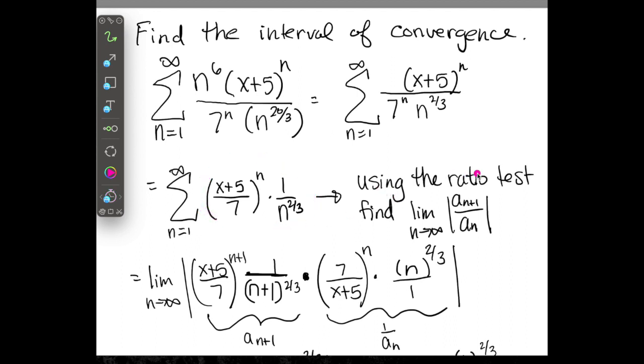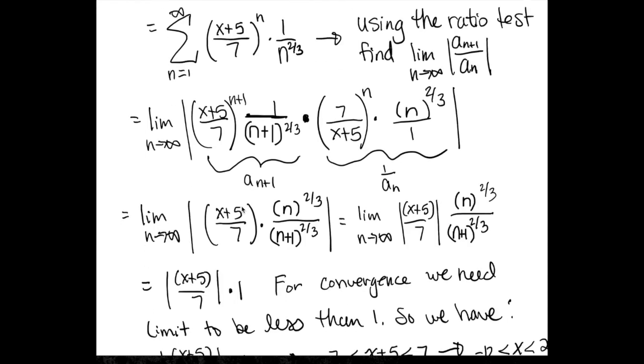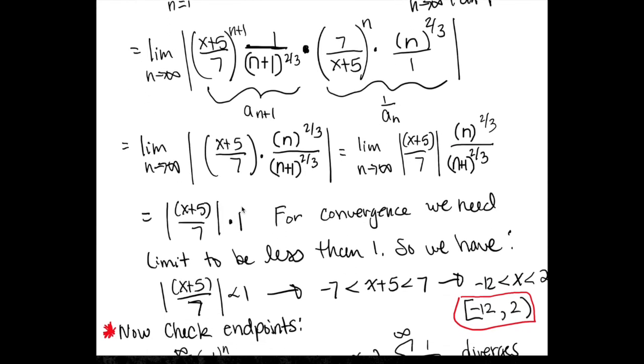So we're going to use the ratio test to find the limit as n goes to infinity of the nth plus 1 term divided by the nth term, all inside absolute value. So let's scroll down here a little bit.